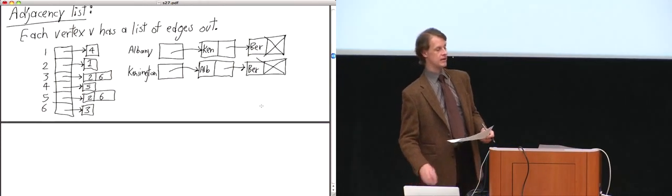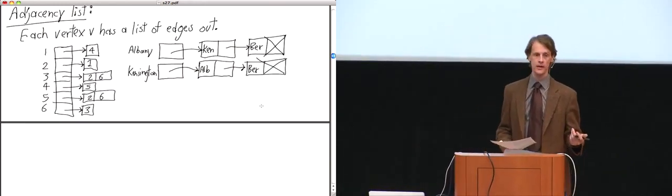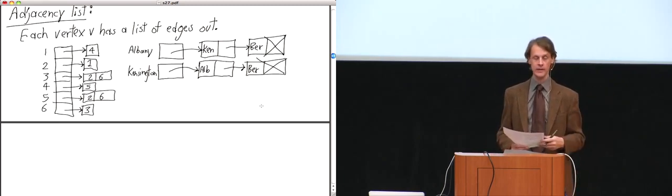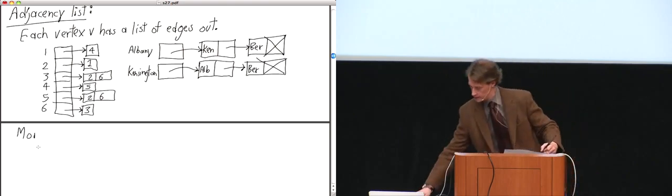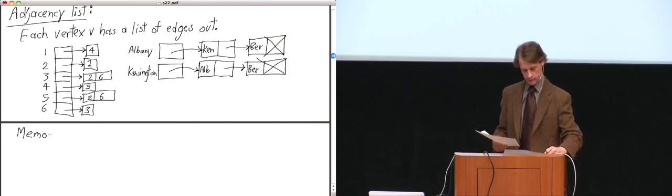Regardless of the details of the data structure, whether you use linked lists or arrays, whether you use a hash table to map from your item names to your linked lists or not, the total memory used is linear in the number of vertices plus the number of edges.